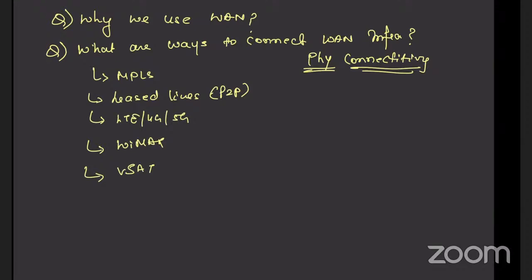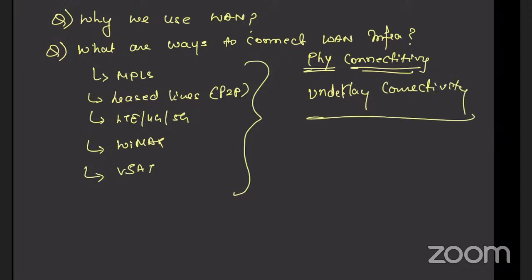Yesterday I also talked about this, but let me stress it today itself. First of all, SD-WAN is not going to replace any of this physical connectivity. This is a myth. A lot of people think that SD-WAN is going to replace your MPLS or your 4G LTE or whatever it is. These are the physical connectivity, or you can say underlay connectivity, which you need, because SD-WAN is an overlay mechanism which needs underlay connectivity to work.